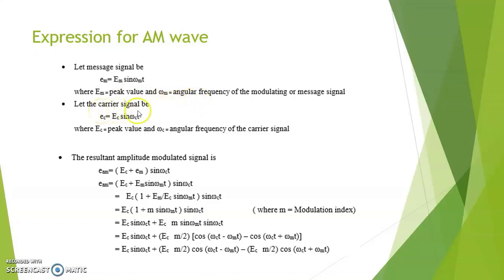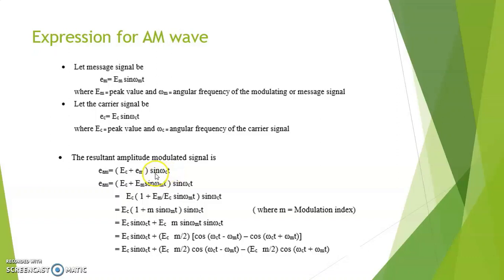Next we have the carrier signal, which is given by ec equals Ec sine omega c t, where capital Ec is the peak value and omega c is the angular frequency of that signal. The resultant amplitude modulated signal is given by E AM, where AM represents amplitude modulation, equals, this is the peak value of the signal, into sine omega c t.